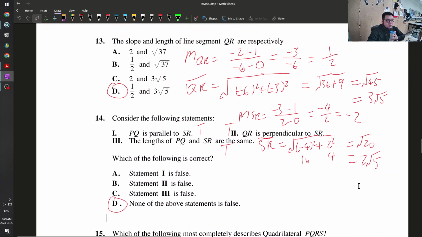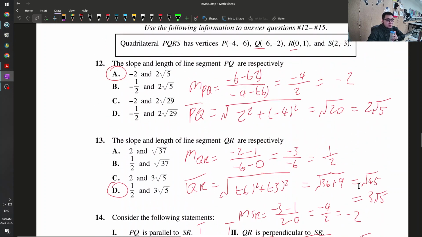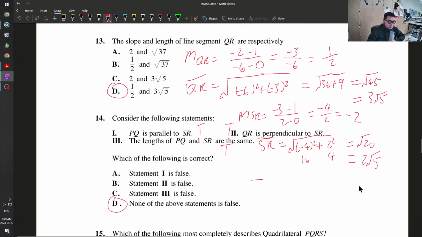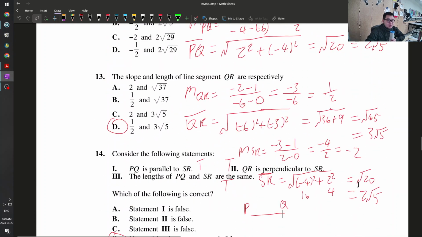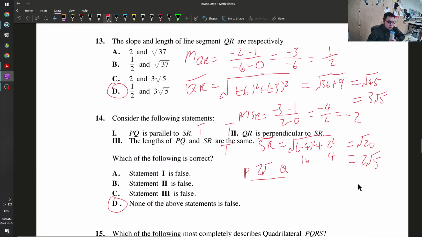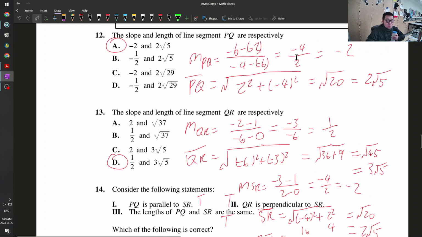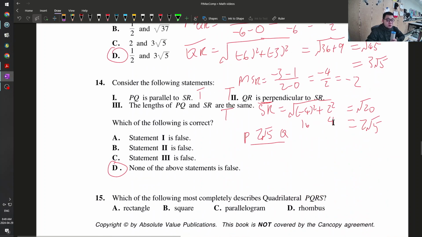Okay, so what can we tell from here? PQ has a length of 2√5. Again, this is not to scale, obviously, and it is perpendicular to QR because the slopes are negative reciprocals of each other, so that means they form a right angle.